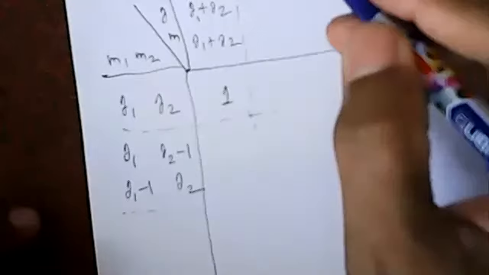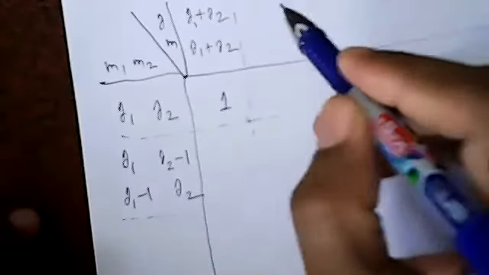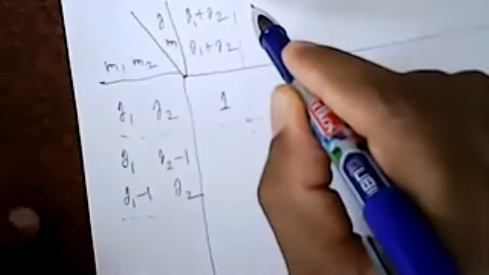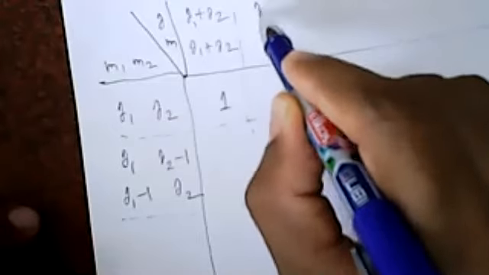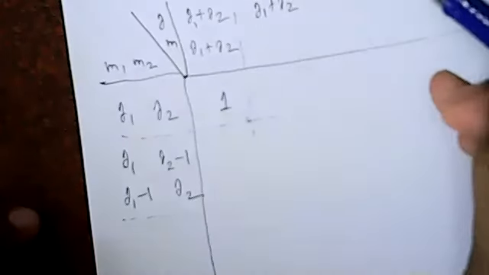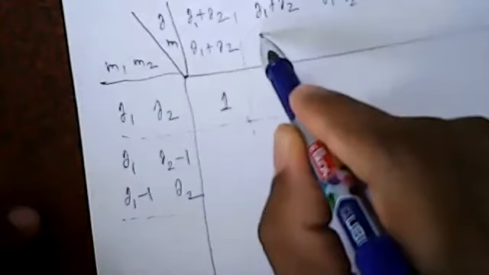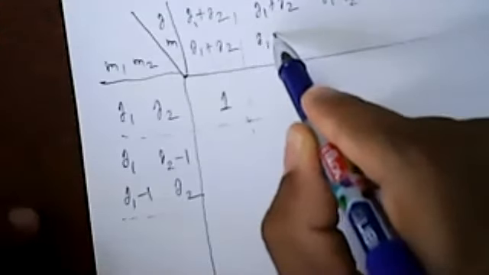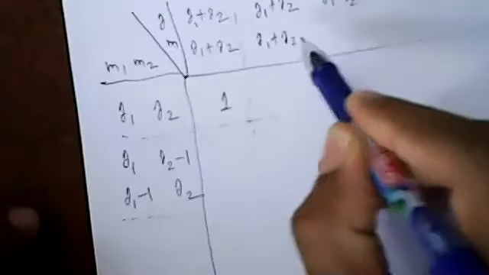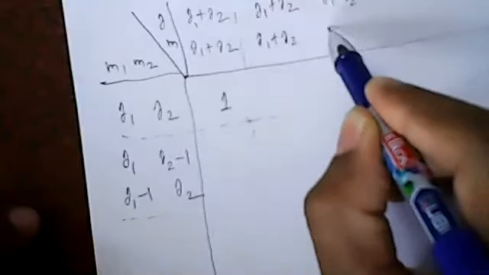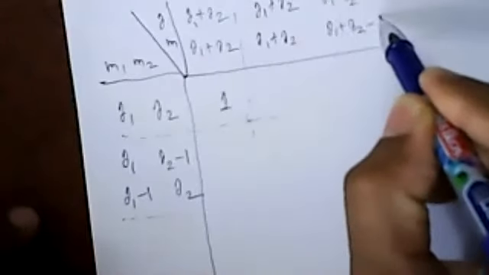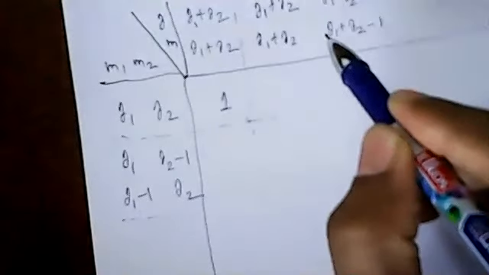Corresponding to this, we can write the J value: J equal to J1 plus J2 and J1 plus J2 minus 1. And the M values are J1 plus J2 and J1 plus J2 minus 1.